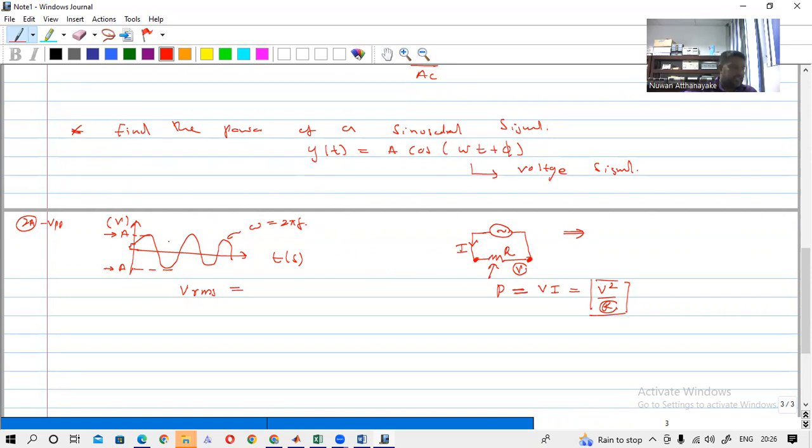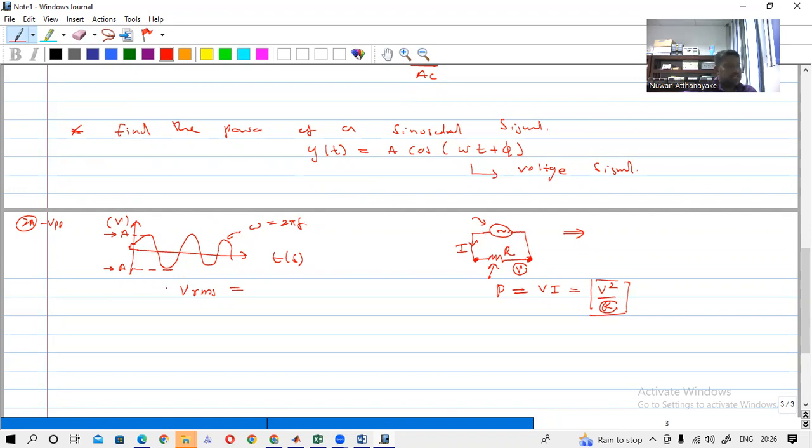If you connect this through a resistor, it will be dissipating some power. If you fix a constant voltage source with the VRMS value, it will also dissipate the same power.